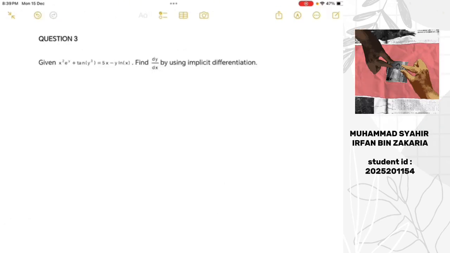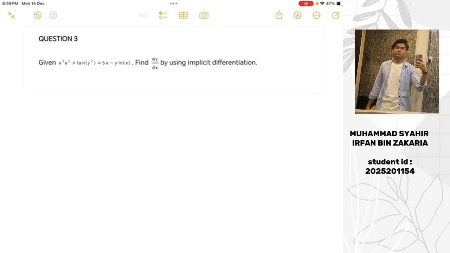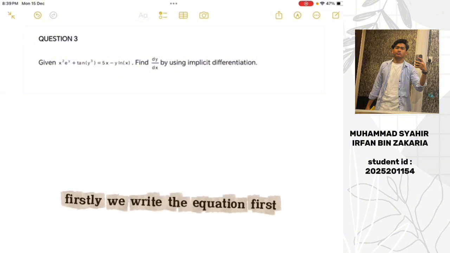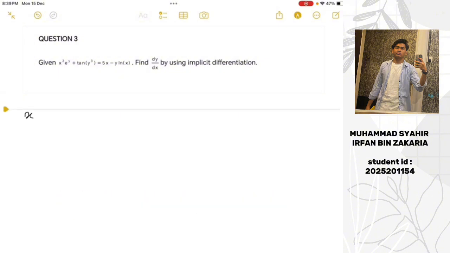Thank you. Okay, given x^2 e^y + tan(y^3) = 5x - y ln x, find dy/dx by using implicit differentiation. Firstly, we write the equation first.